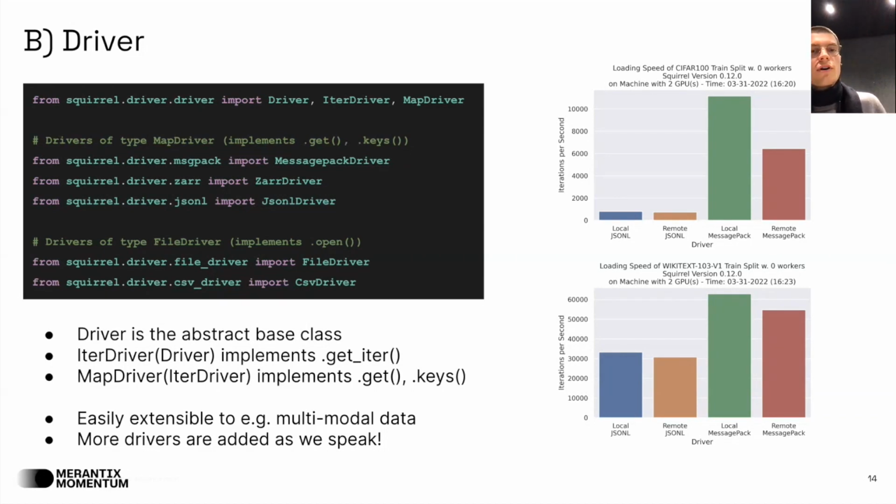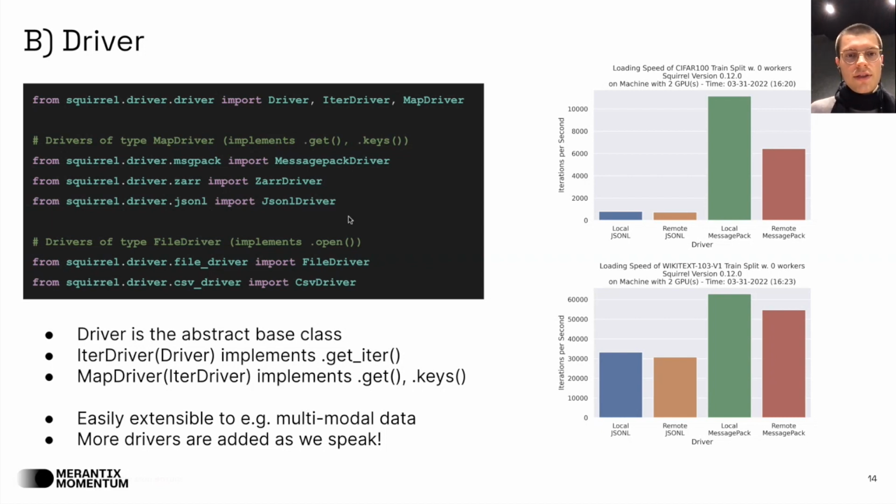Those are two different formats for encoding data on the disk. And we've implemented these drivers for our users that do the fetching and decoding steps, the two steps that you've seen on the previous slides, in a very efficient manner.